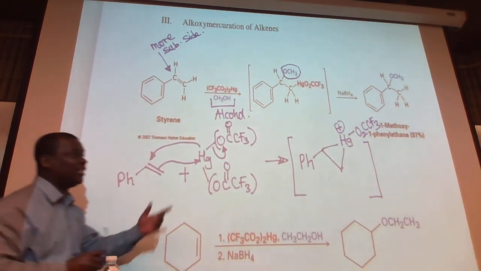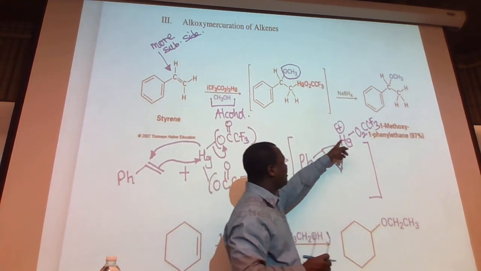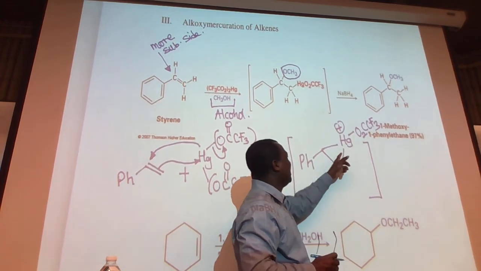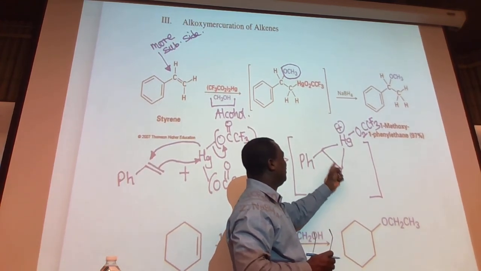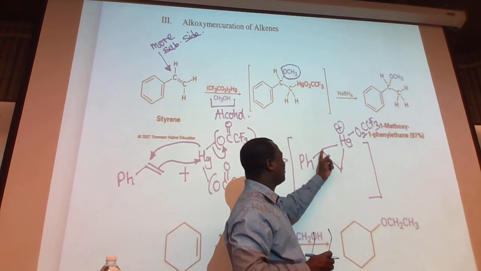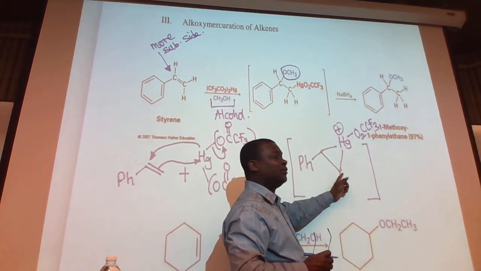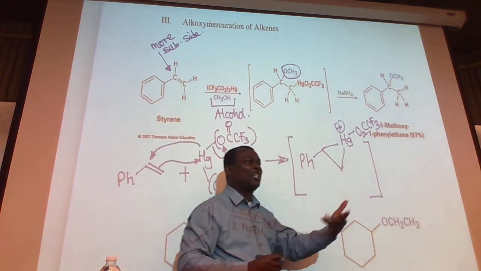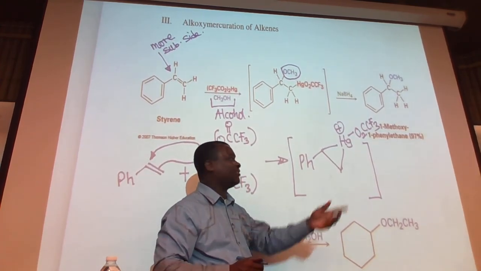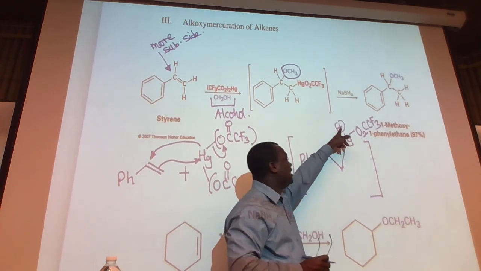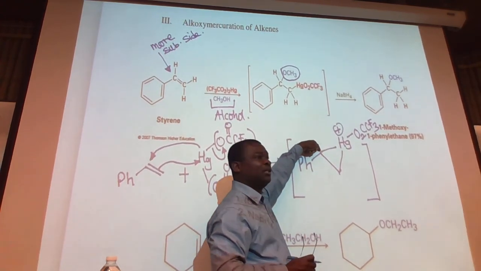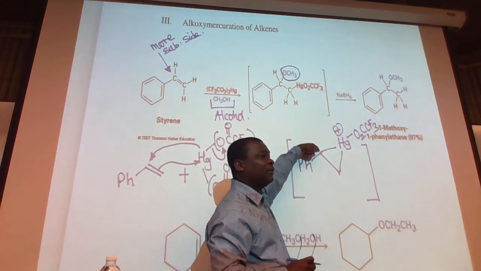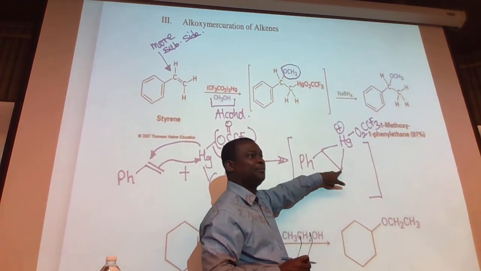Because you have this intermediate, which is similar to oxymercuration, this positive charge, even though it's showing on mercury, it's actually kind of delocalized over these two carbons. So it's either there or there. Then you have to think about stability of the carbocation intermediate. This is like a carbocation intermediate. So this positive charge is going to be more stable on this tertiary carbon center over that.